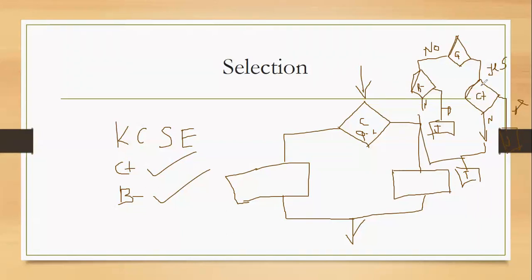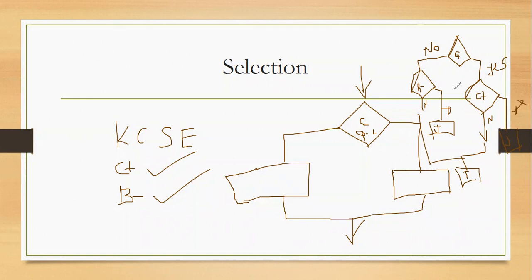The program comes in a sequential manner, but when it reaches some point, then it has to make a decision whether you are going to the university direct or maybe you are going through parallel, and it will make other decisions like whether you can take medicine, whether you can take engineering, depending on your cluster.